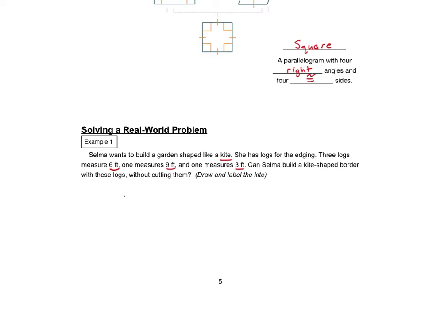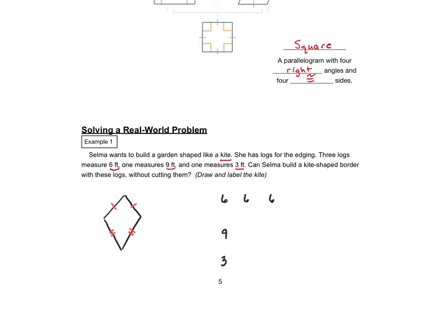Let's start by picturing a kite. Here's my kite, and we said in our description that the adjacent sides would be congruent to each other, but these sides are not parallel. Lengthwise, I have 3 logs that measure 6 feet, 1 log that measures 9 feet, and 1 log that measures 3 feet.